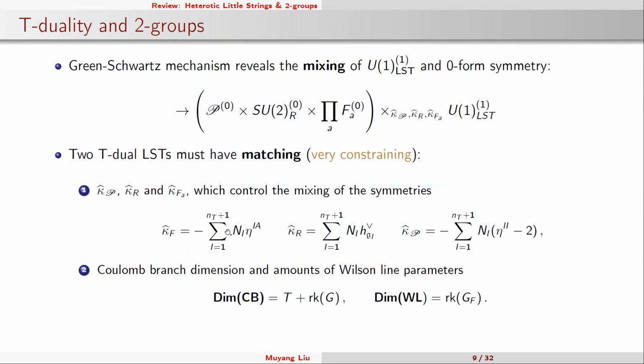You can see that the string charges enter the computations of the structural constants. And then they must also have matching Coulomb branch dimensions. In particular, the structural constant associated with R-symmetries as well as the Coulomb dimension are very constraining.